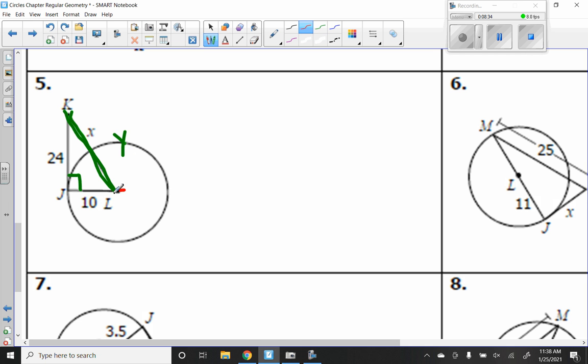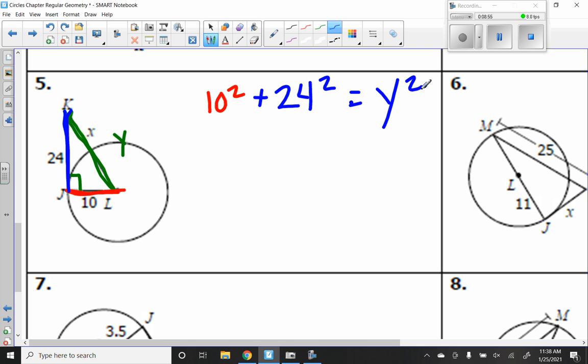Okay, so a squared, there's a. Here's b, so b squared. All right, so I'm going to make it y. Now let's show you why I do this.